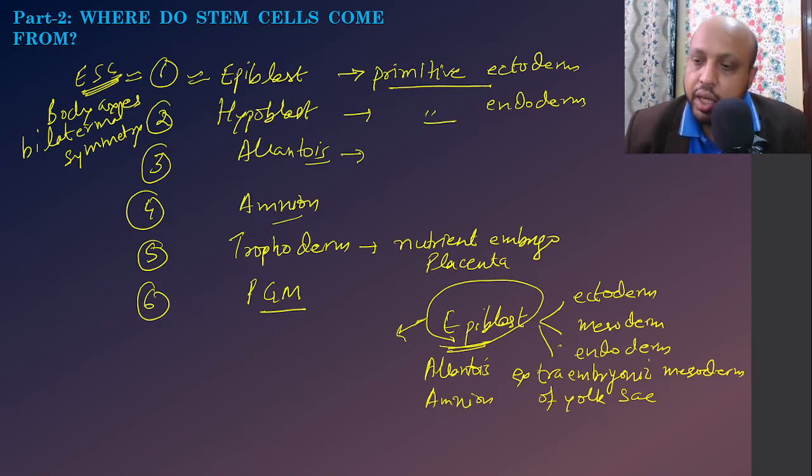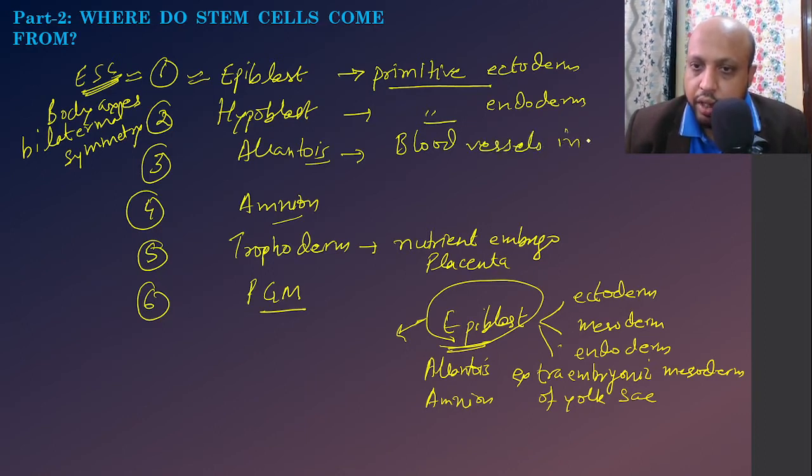The allantois makes the blood vessels in the yolk sac. The yolk sac is the place where the embryo gets all its nutrients when it is present in the mother's womb.